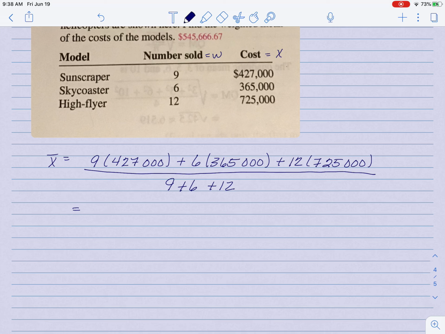I've got to stick it in my calculator. For the top, I get 14,733,123 zeros. On the bottom, 9 plus 6 plus 12 is 27. Now we want to divide those two things.